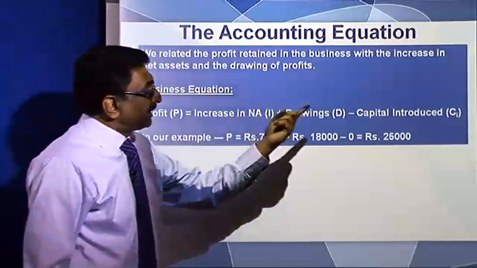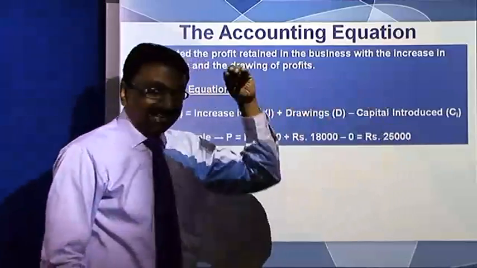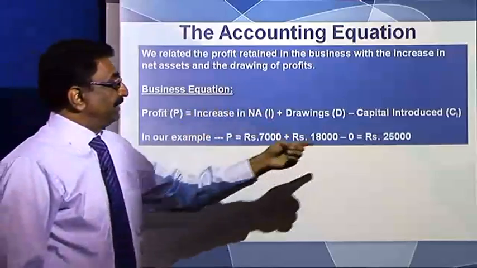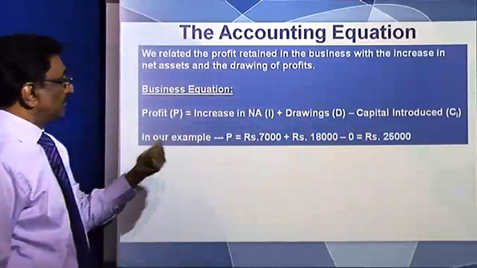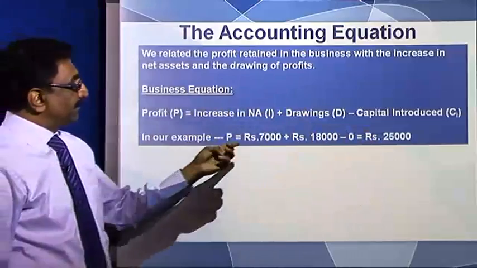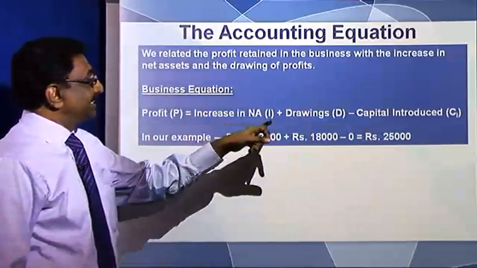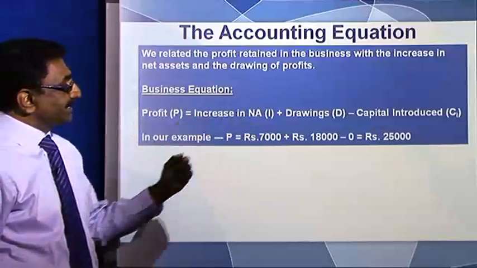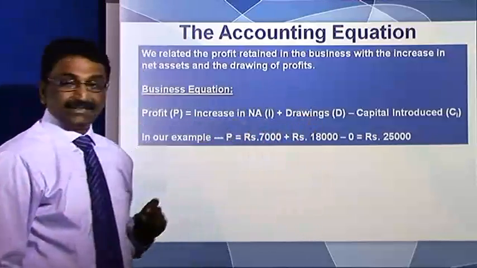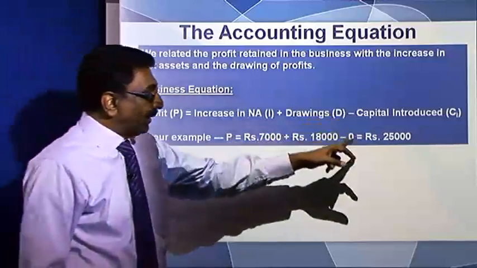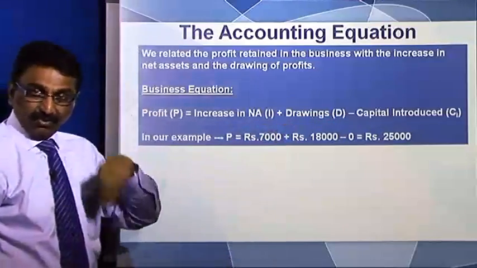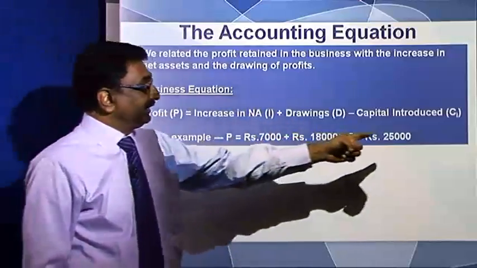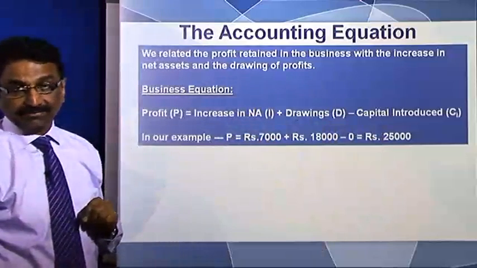Then, if there is any additional capital that he has put in, we remove that figure. In our example, the profit is the change in net assets, which is the retained profit of 7,000, plus the drawings of 18,000. There is no new capital introduced since no new money was put in, so that remains 0. So, the profit during the year works out to 25,000 rupees.